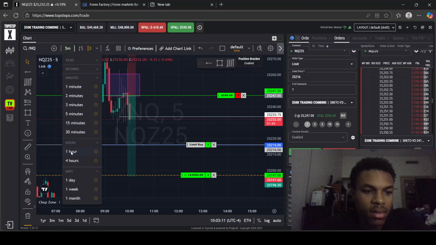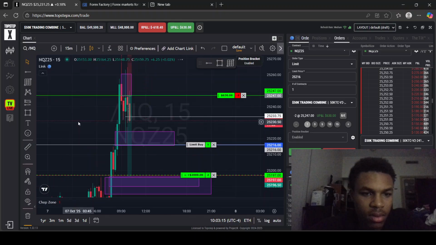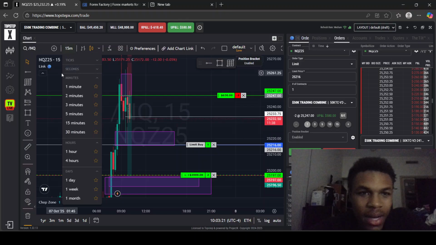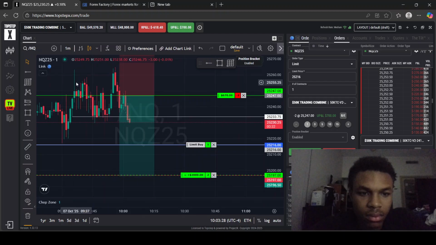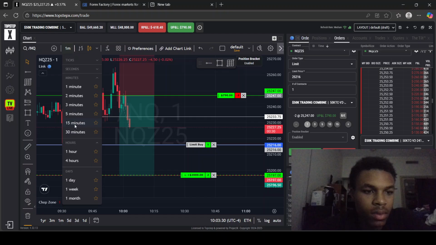I wonder where TP1 is on the 15 minute. It's at the bottom of this fair value gap. Great. It's at the bottom of the fair value gap. All right.